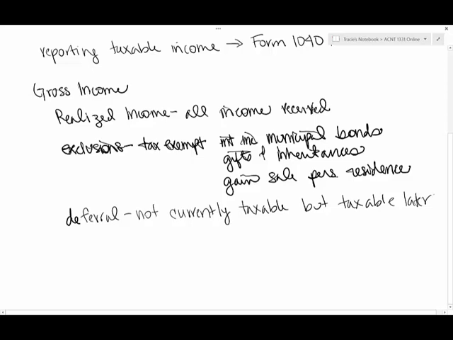So some examples of deferrals include things like installment sales, and also include things like like-kind exchanges.